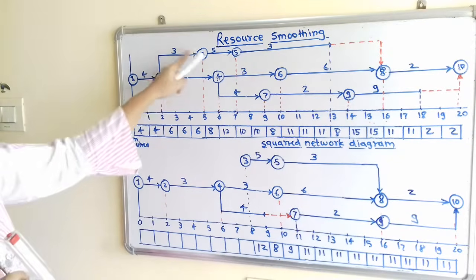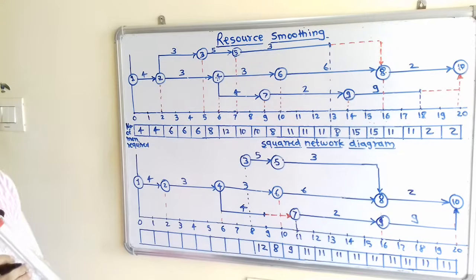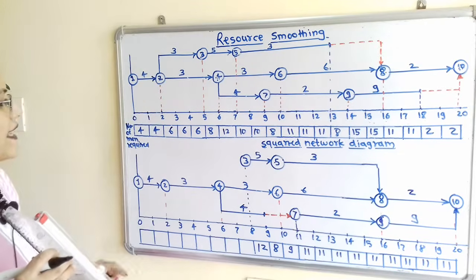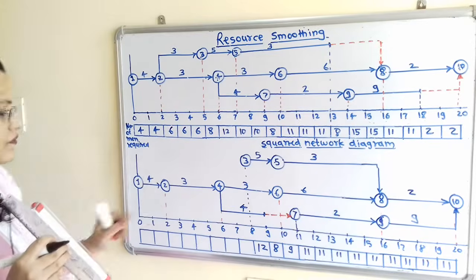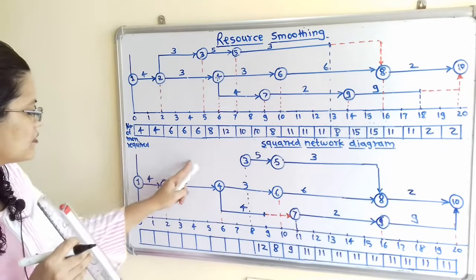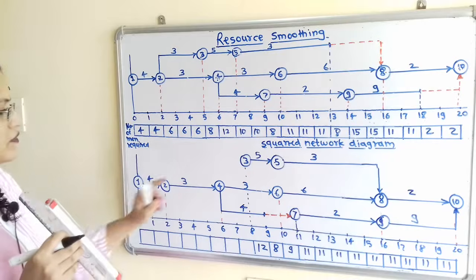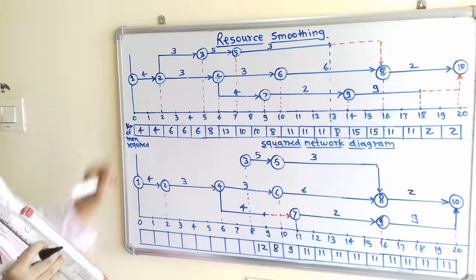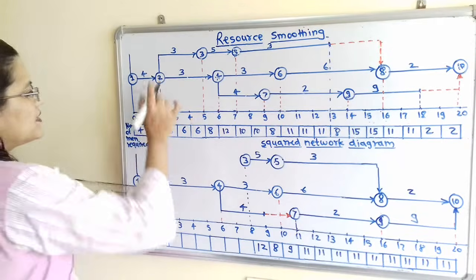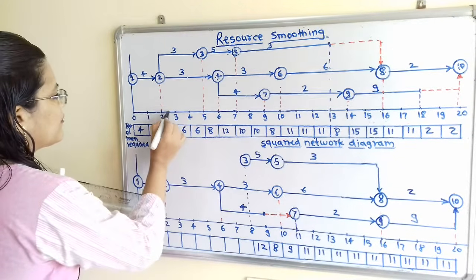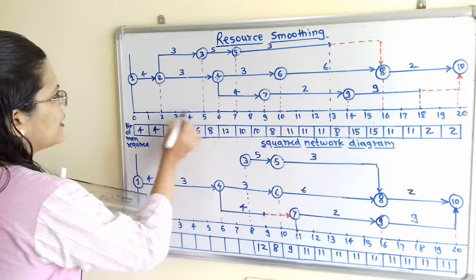Now here there is the 2 to 3 activity. For this 2 to 3 activity, we cannot transfer it, because this is on the critical path. For this 2 to 3 activity, only 3 manpower is required, and the duration is 1, 2, 3, that is 3 weeks.